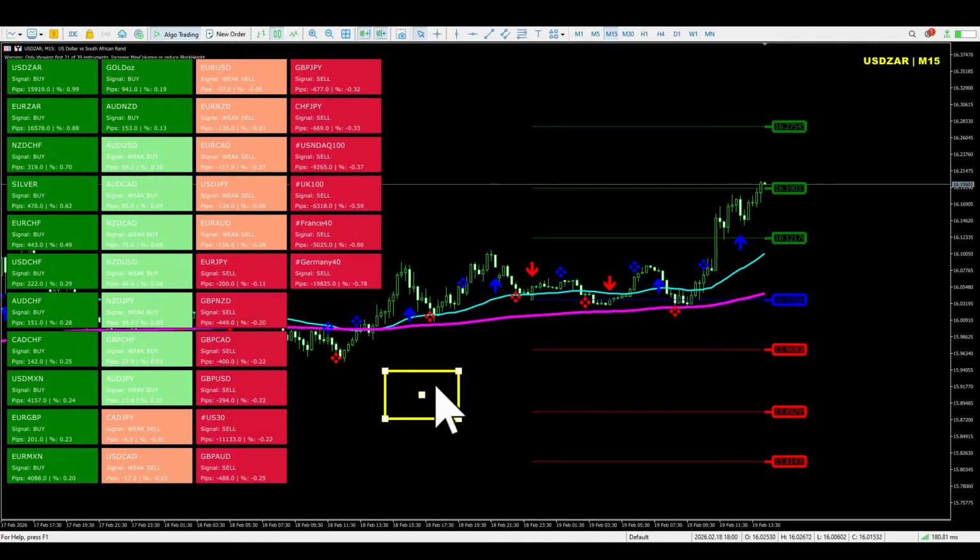Now, since we're familiar with the trading components, let's go over what we would look for if we were supposed to get a buy trade. It's very, very simple rules, guys. We don't have to complicate it because this is not a complicated system.